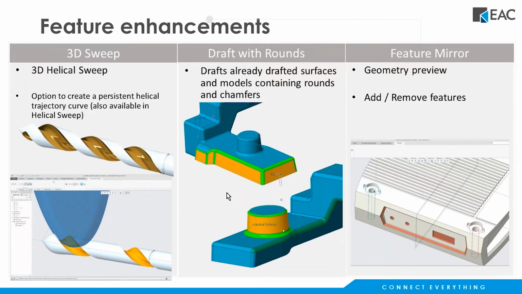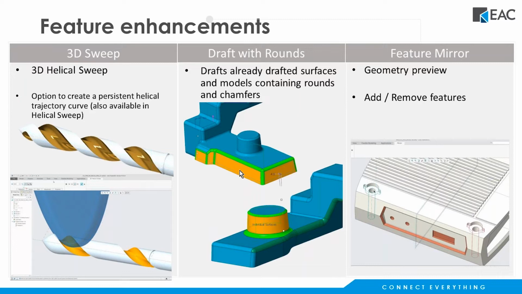Then also some draft has changed, which is really nice. If you find out that you need to put some draft on a particular area, but you already have rounds and chamfers on there, it will highlight those rounds and chamfers when you go to add the draft. It's basically indicating back to you that you can add the draft, and then those rounds and chamfers will be reapplied back onto those edges.